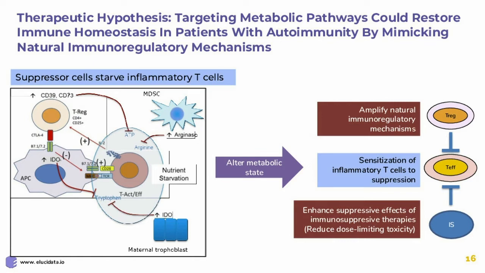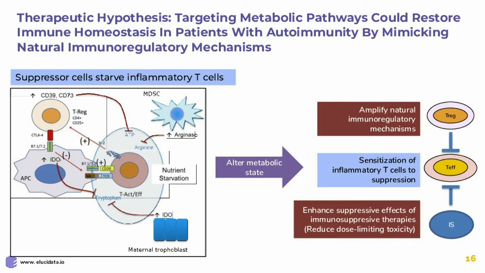Let me give you a few examples. So one of the classical places where immune homeostasis is kept in very, very close control is during pregnancy, where the fetus is foreign to the mother, but the mother doesn't mount an immune attack on the fetus and is actually immunologically silent.